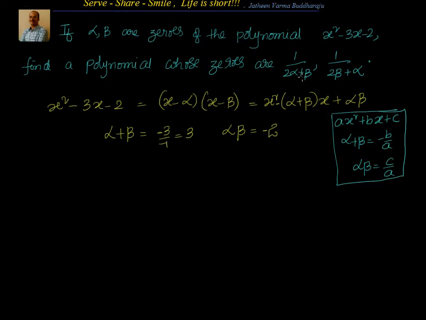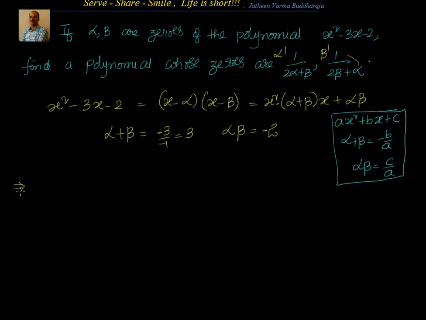We have to find the polynomial whose zeros are 1 by 2 alpha plus beta and 1 by 2 beta plus alpha. Let me say this is alpha dash and this is beta dash.